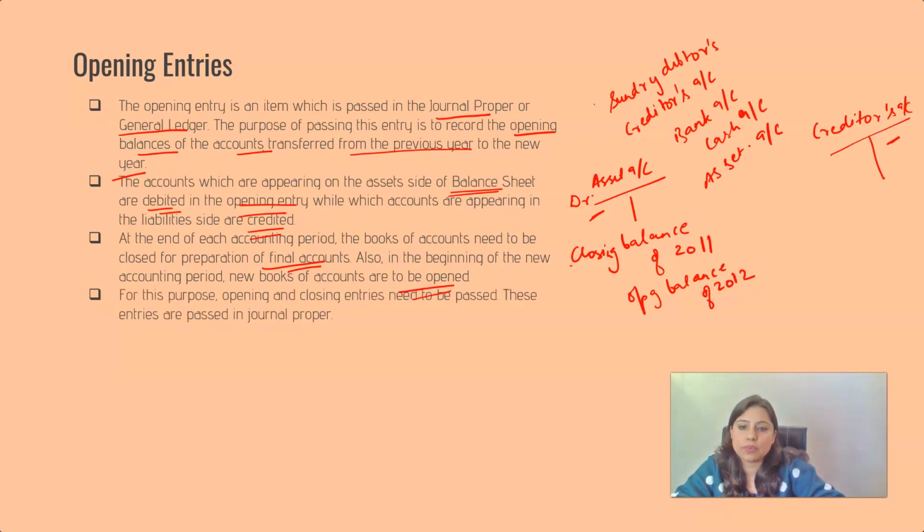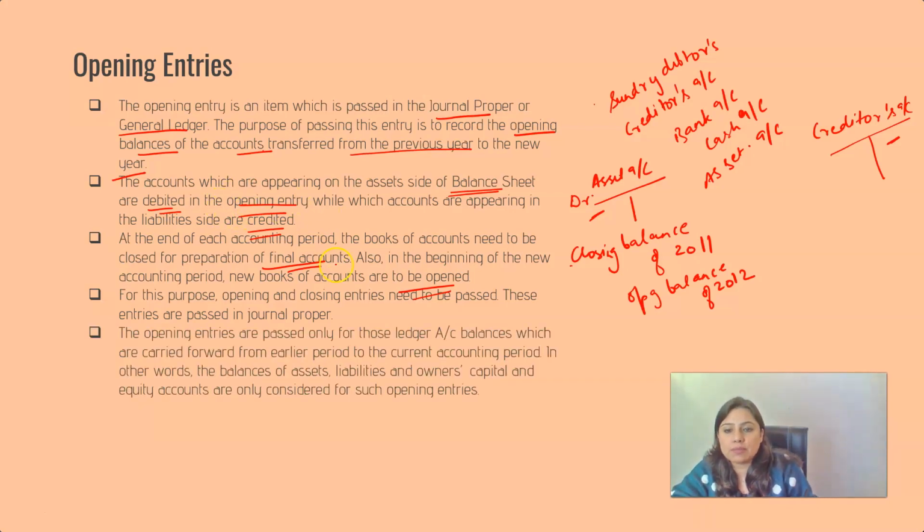For this purpose, opening and closing entries need to be passed so that one can determine that these are the new accounts which will be opened, and these balances have been carried forward from the previous years. Thus the ledger account would have the first entry, that is the opening entry of that particular accounting period. And these entries are passed in the journal.